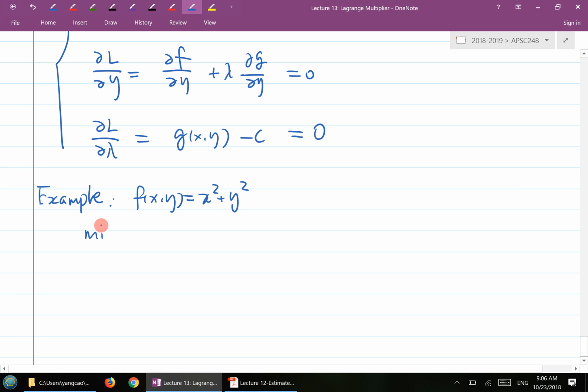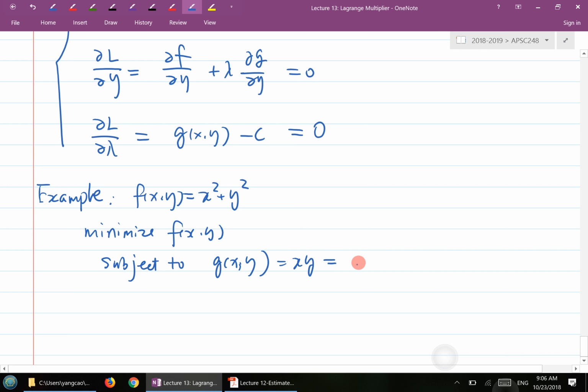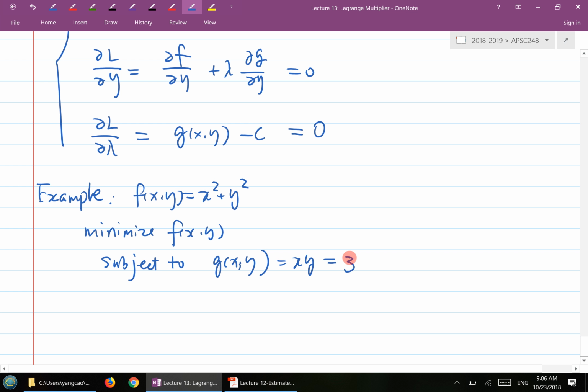Minimize this function subject to g of xy equal to x times y equal to 3.